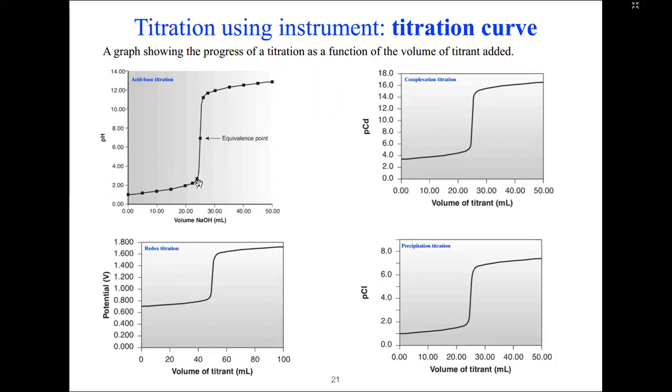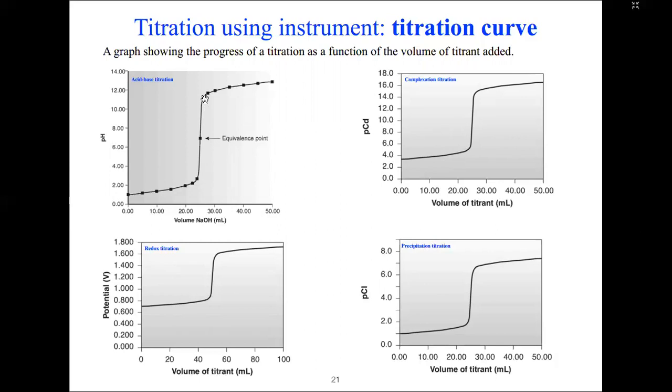Now at a certain point, the rise in the pH is steep. See, until this point, the pH was about 2.5. Then it goes to 7. Then it goes to about 12. There is a steep change in the pH. And how do you get this pH?